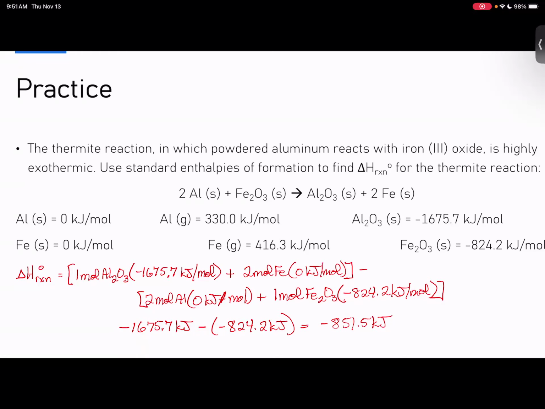From that, we subtracted 2 moles of aluminum at 0 kilojoules per mole plus 1 mole of iron 3 oxide at negative 824.2 kilojoules per mole. So it was a negative 1675.7 minus a negative 824.2, and that equals a negative 851.5. Questions?